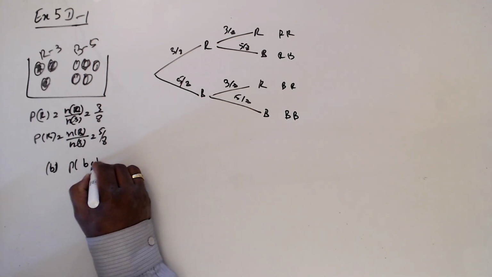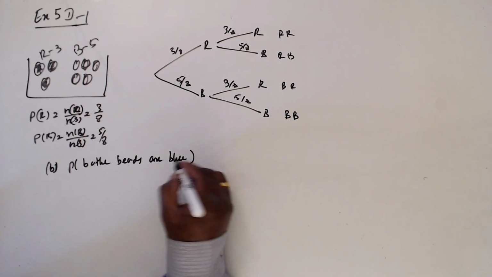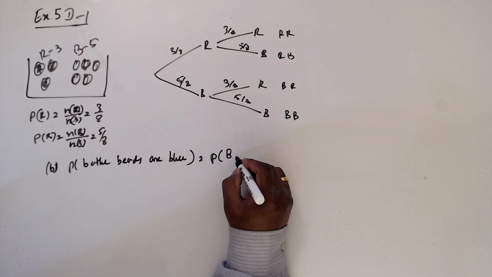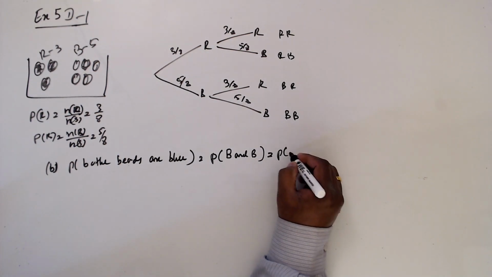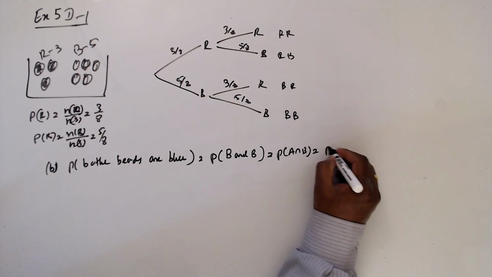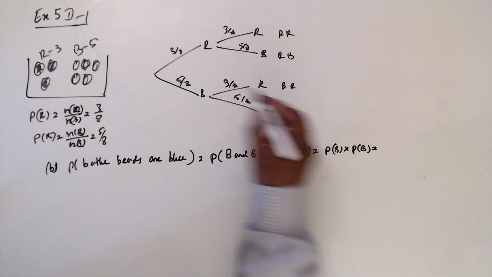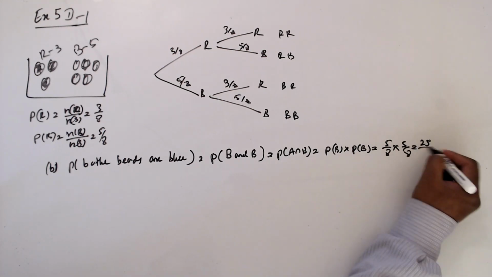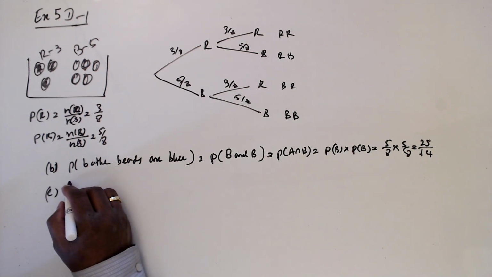Probability both beads are blue means probability of B and B. It means probability of B intersection B is PB times PB, 5 over 8 times 5 over 8, 25 over 64.